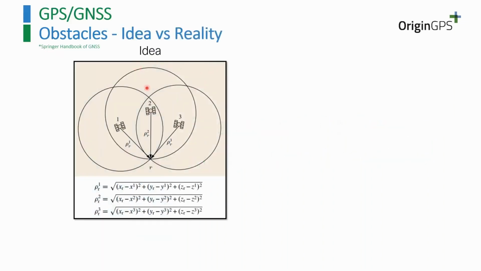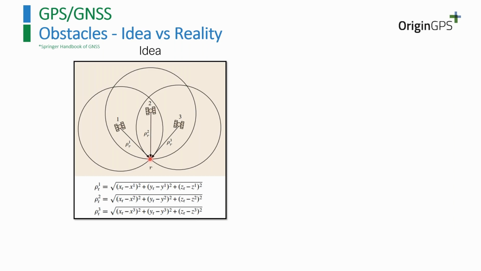So the idea, if we talked about one calculation, you can see that we need at least 3 different satellites in order to get the position of the GNSS receiver. If you want, you can also call it a GNSS sensor.